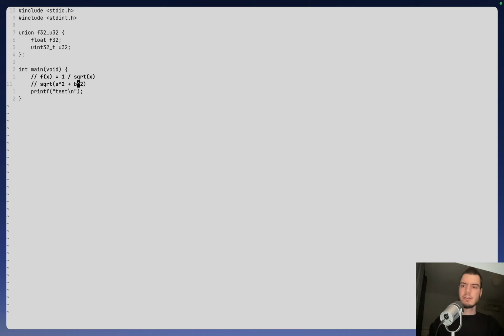So you would basically take one of your components and multiply it by the inverse square root, like this. This is one possible use case.